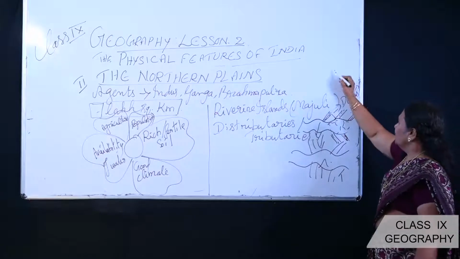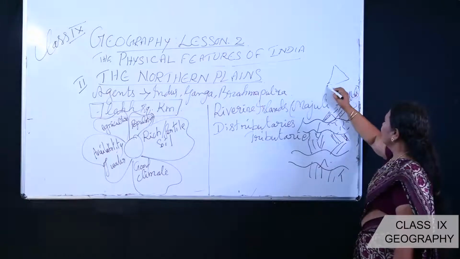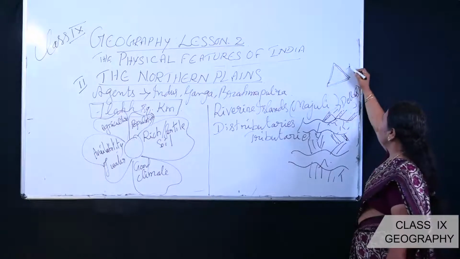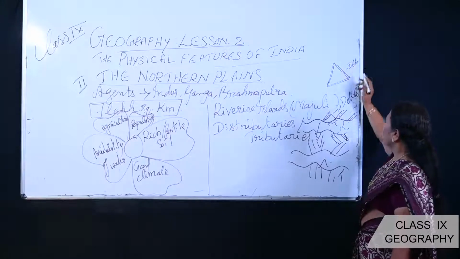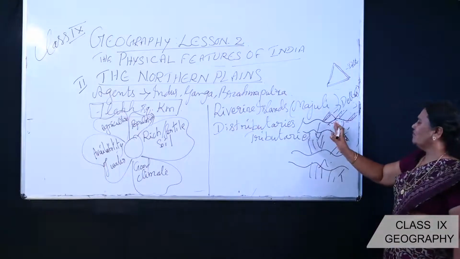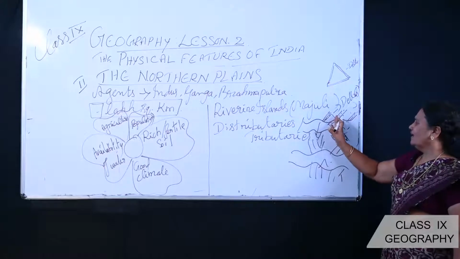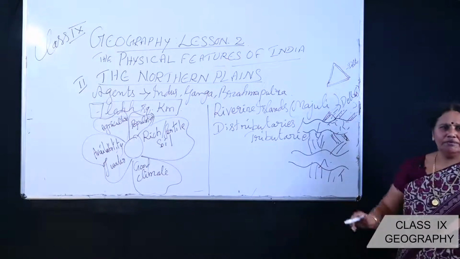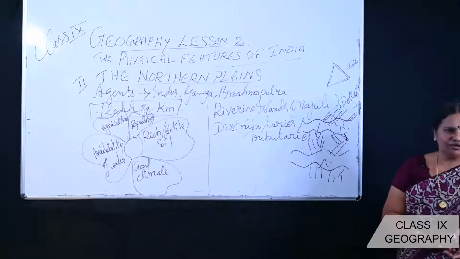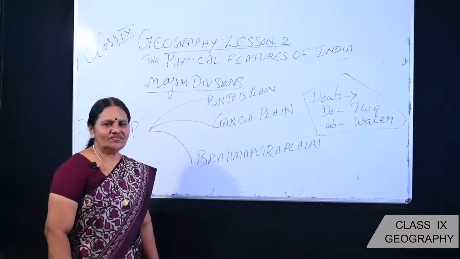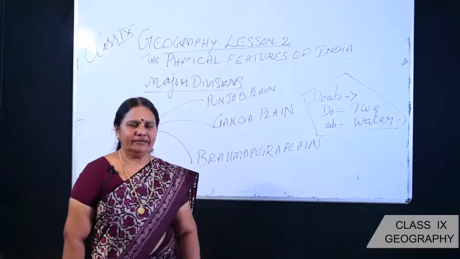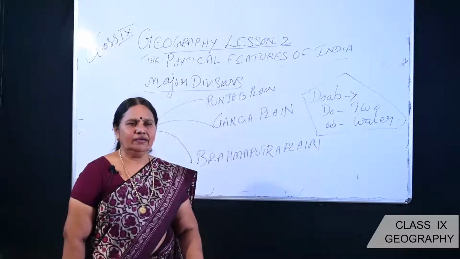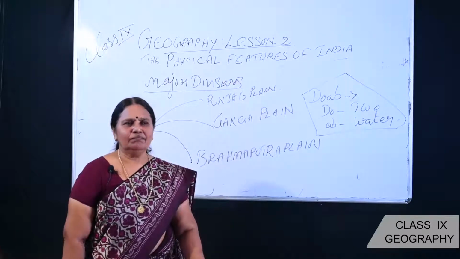Delta is a Greek word, a Greek letter. So here, because of distributaries, a delta type formation of a plain is formed. That is also formed because of the distributaries.